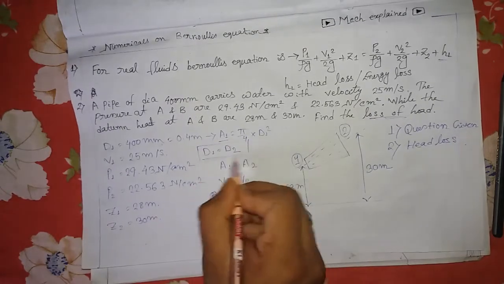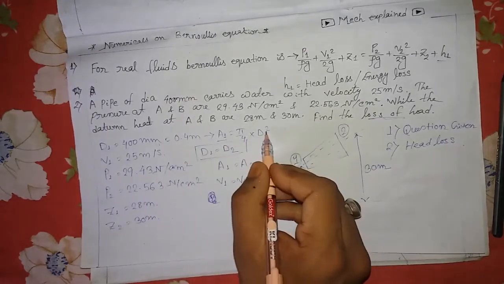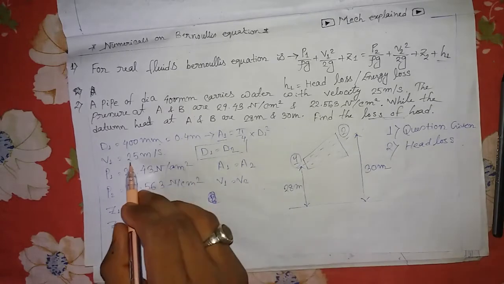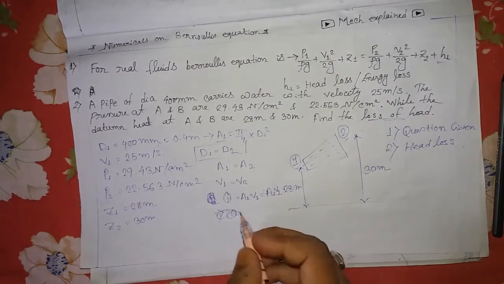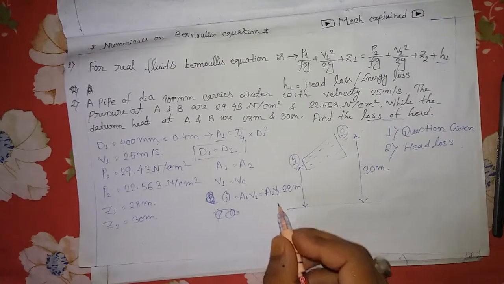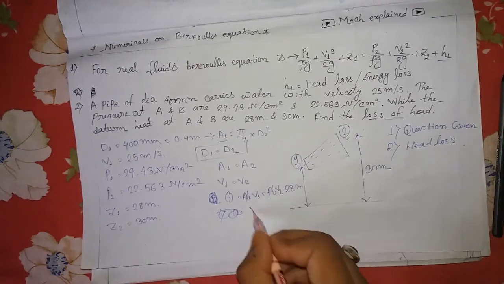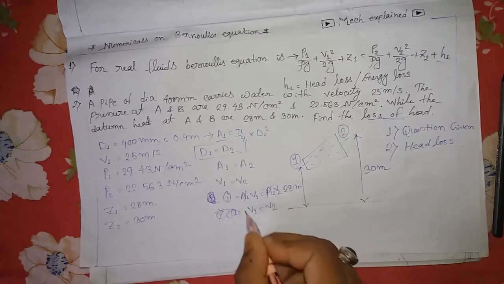Diameter is the same, that means area is also the same. If area is the same, then the velocity will also be the same. A1 v1 equals A2 v2. If A1 and A2 are the same, then v1 equals v2, right?